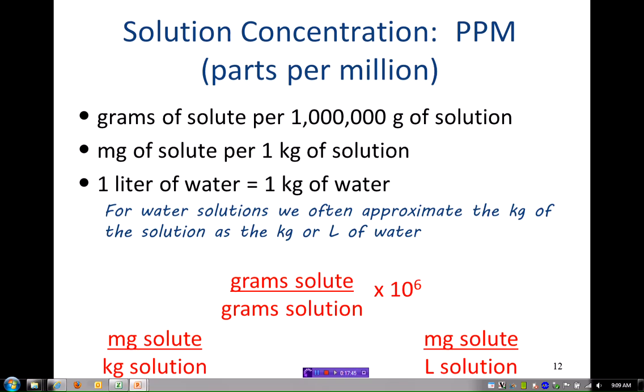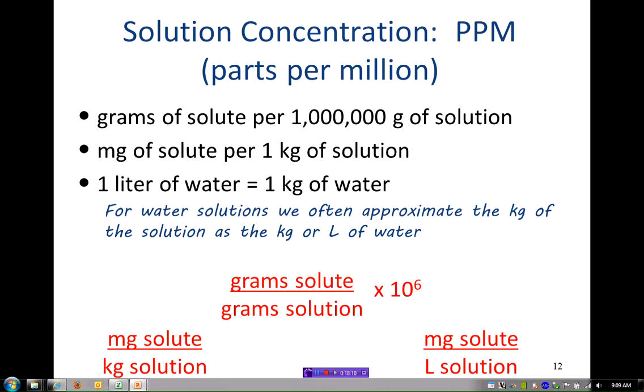Or 1 liter of water per 1 kilogram of water. So for water solutions, we often approximate the kilogram of solution as the kilogram, or 1 liter, of water, basically because 1 mL of water equals 1 gram at room temperature. So we often make that approximation to make math easier.